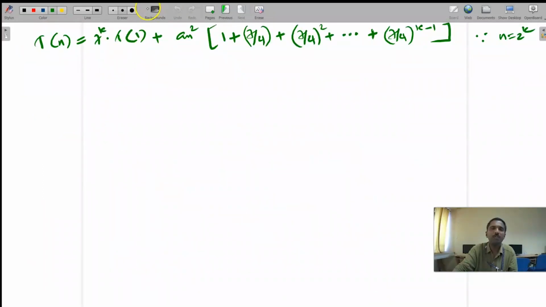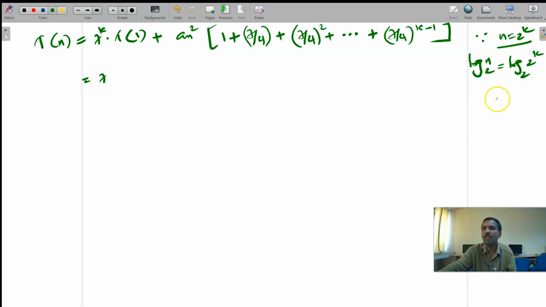Writing T of 1 as C, we can represent here, this is 7 power k. Now also we can replace the value of k as log n base 2, since n is equal to 2 power k. Taking log to both sides, we have log n base 2 is equal to log 2 power k base 2.